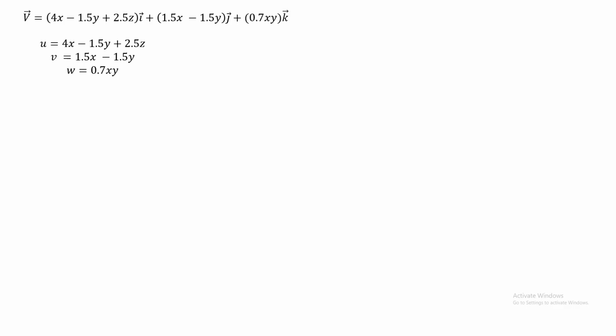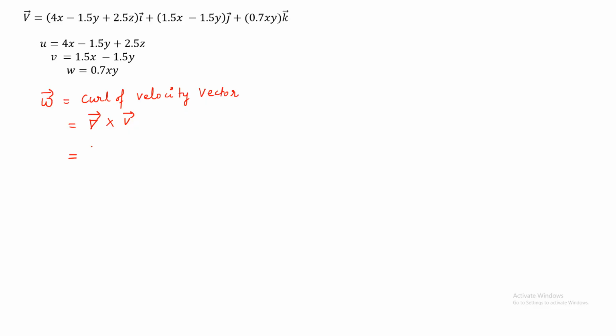The vorticity vector is defined as the curl of the velocity vector, which is nothing but the cross product of the del vector and the velocity vector.